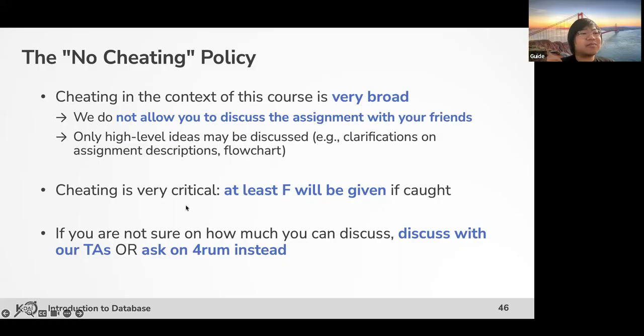If it seems to be cheating, we will not mark you as a cheater, but we may say this question is too risky and take it down. If you just do these two things, you are not committing cheating.